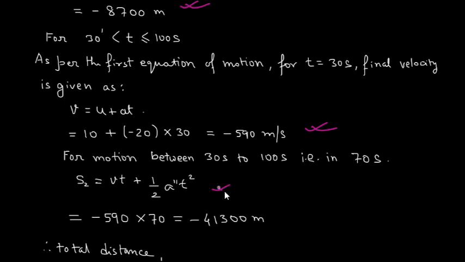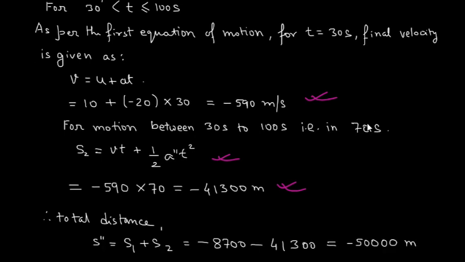So put the values, we get minus 41,300 meter. Therefore, the total distance s double dash is equal to s1 plus s2, that is minus 8,700 minus 41,300, that is minus 50,000 meter, and this is the answer.